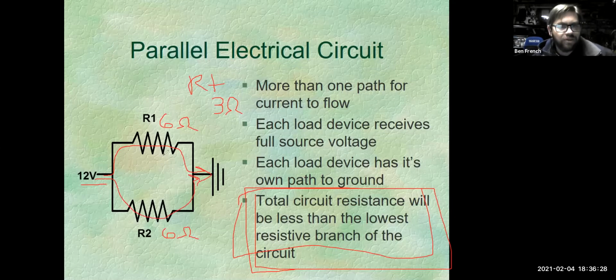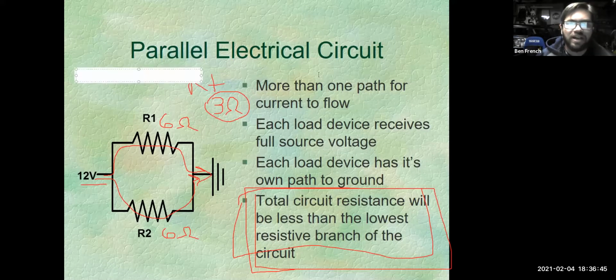Because they have more than one path here, essentially I've cut my total resistance in half. And there's different ways to figure that out. What I did is I did like the cheater method, okay? And somebody was asking me about this in one of my other classes, and I didn't actually type it out really good. So I'll make sure I put it right here.